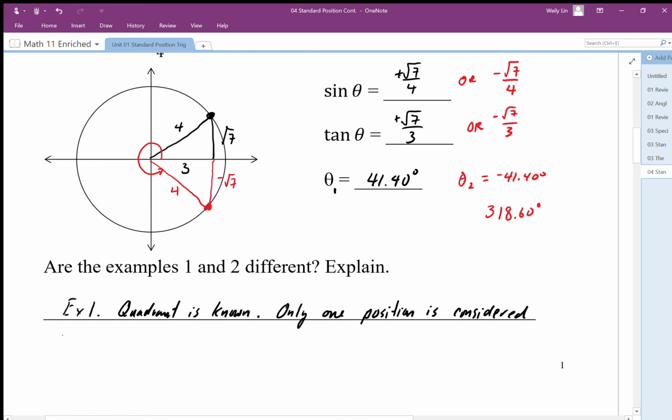In example 2, the quadrant is not known, so two positions must be considered. Okay, so this is a very important aspect of circle geometry, that we may need to consider two positions because of the symmetry of the circle.